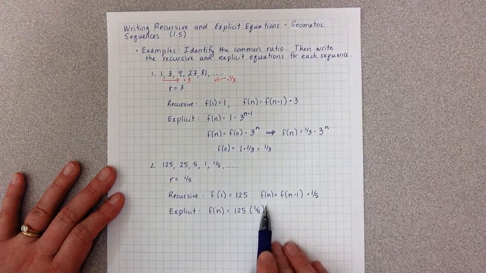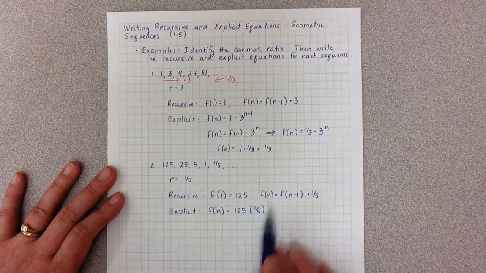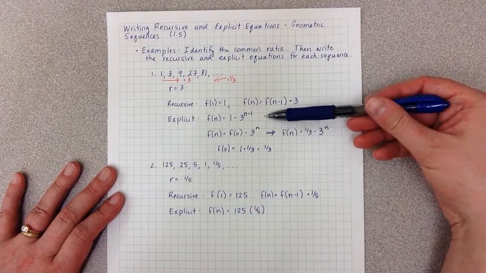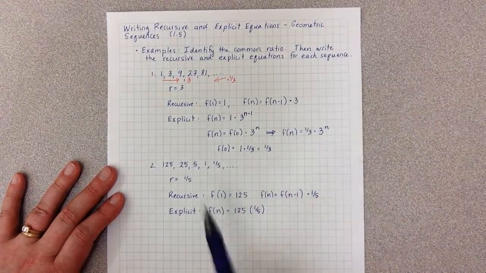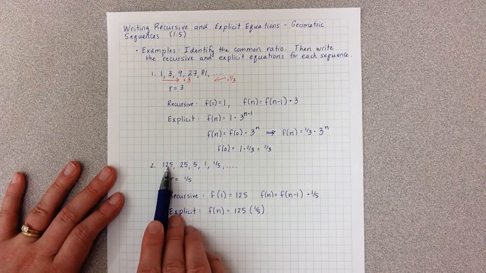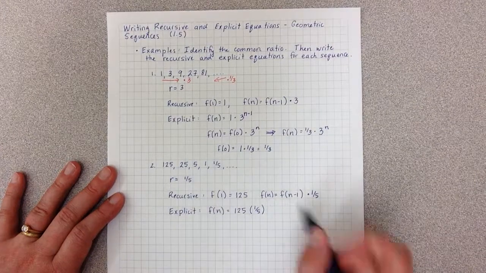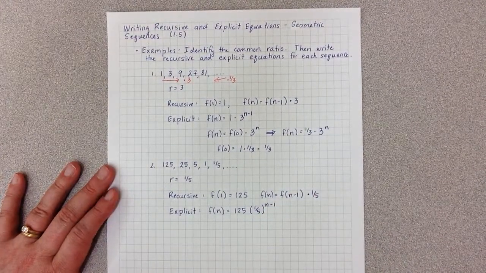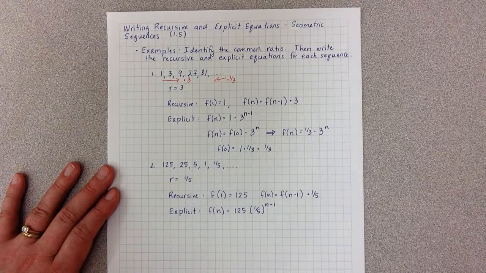So I then need an exponent with n up here on the 1/5. Similar to the previous example, because I don't start multiplying by 1/5 until 125 to 25, I have to say, hey, look, I don't do it to the first term. So it is n minus 1.